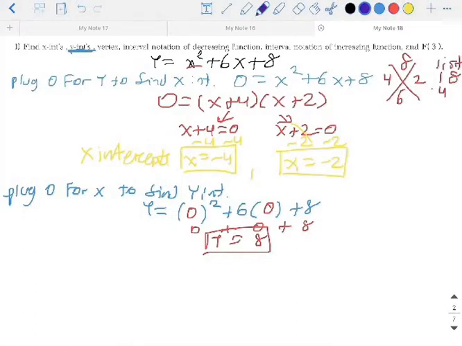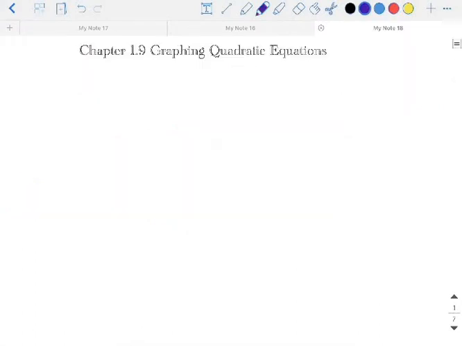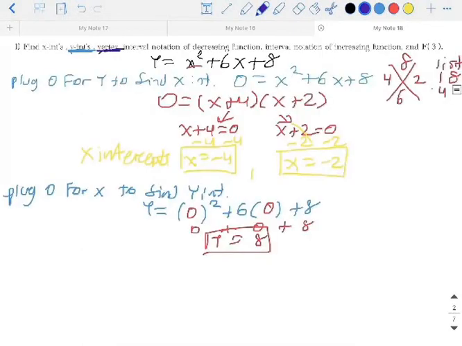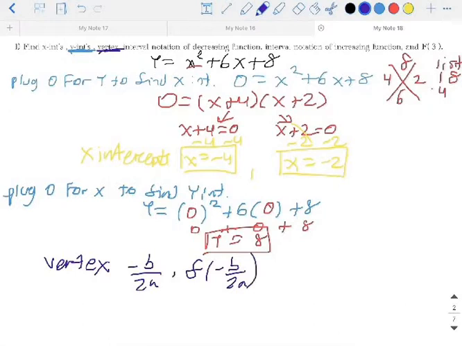Now the vertex. You have recently learned that the vertex is negative b over 2a, and the function of negative b over 2a. Ax squared plus bx plus c, and this is x squared plus 6x plus 8.